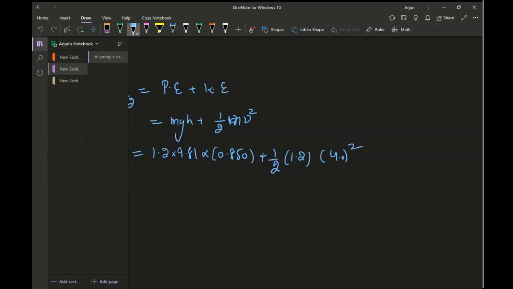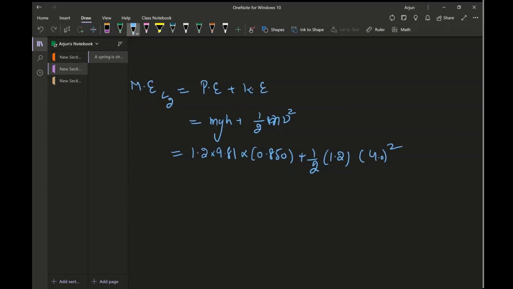Now I'm going to do the calculations: 0.850 multiplied by 9.81 times 1.2 is approximately 10.0, plus 1.2 multiplied by 4 times 4 divided by 2, which is 9.6.